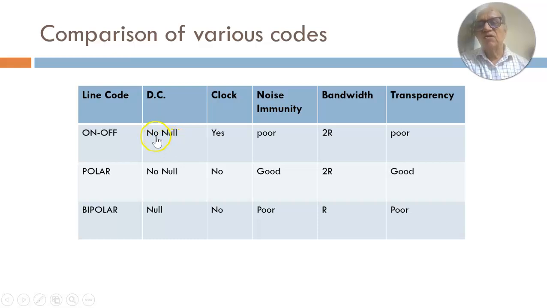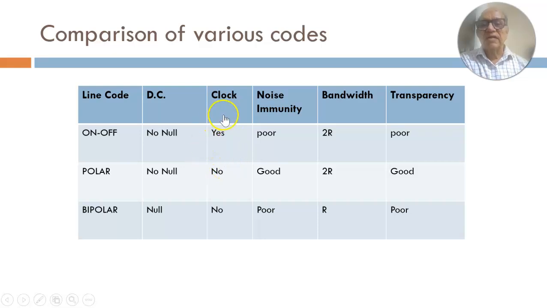So at f equal to 0, there is no null. You have some finite value, so this is not good. For polar also, although it does not have a discrete DC component, it has no null at 0 frequency. But bipolar signaling has a null at 0 frequency. So in that sense, bipolar is better than on-off and polar.